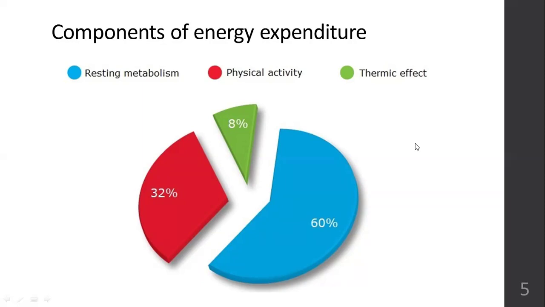You may be just lying down, sleeping, resting, scrolling on your mobile, gaming. Even while resting, your body is functioning: you're breathing, your heart is pumping blood, and involuntary muscular activities are taking place inside your body, for which energy is required. So that is your resting metabolism.